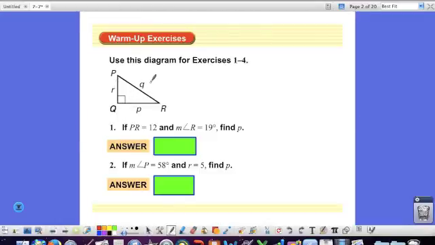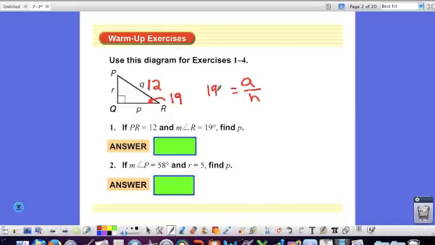side PR, which is the hypotenuse of this triangle, is 12. And the measure of angle R, so that angle there, is 19. So I'm going to be using the adjacent over the hypotenuse.